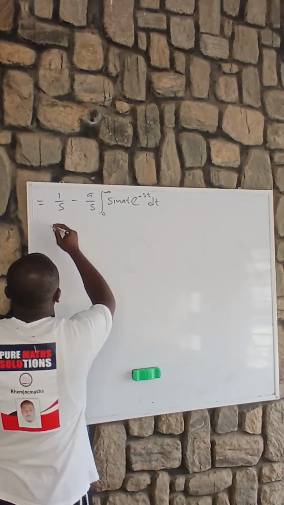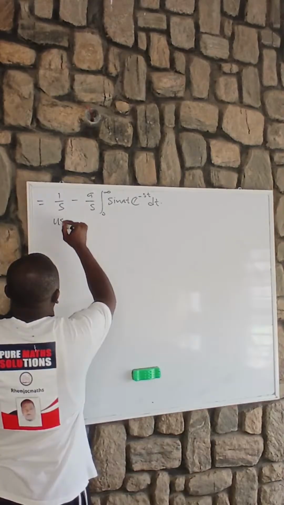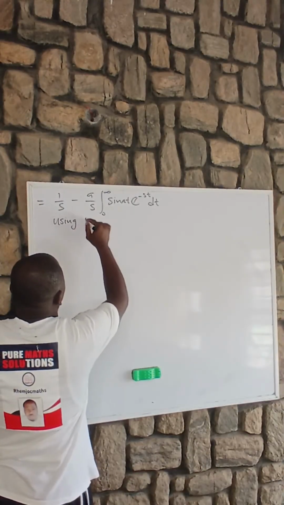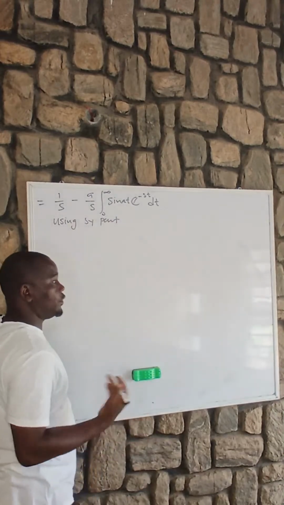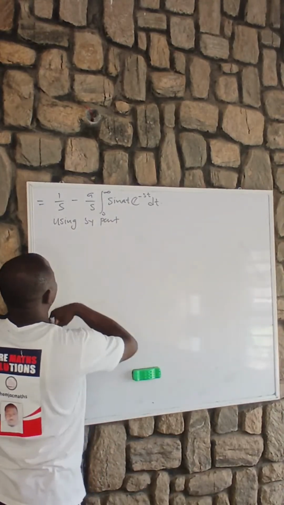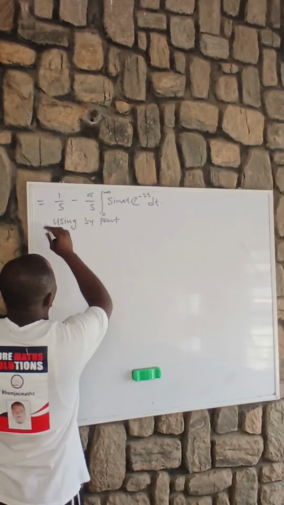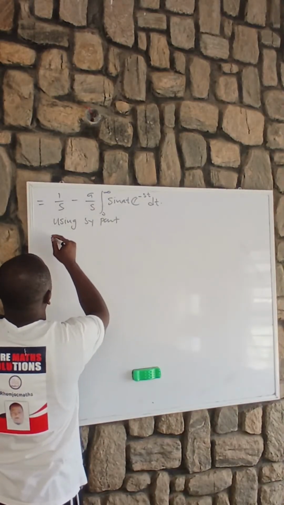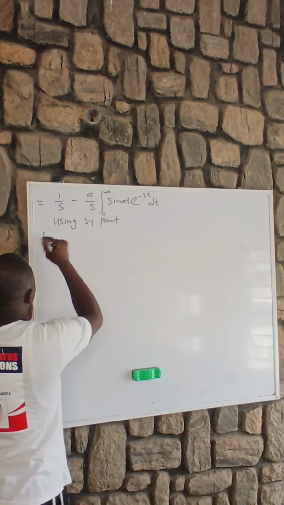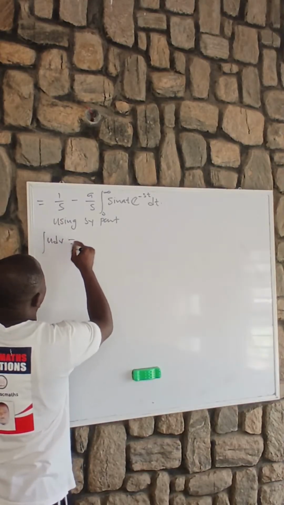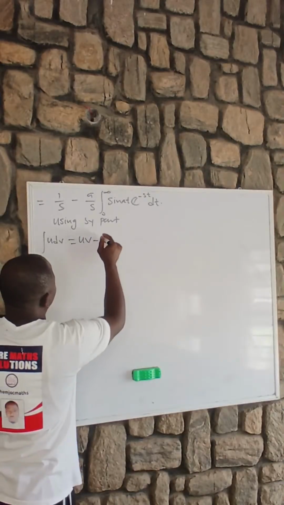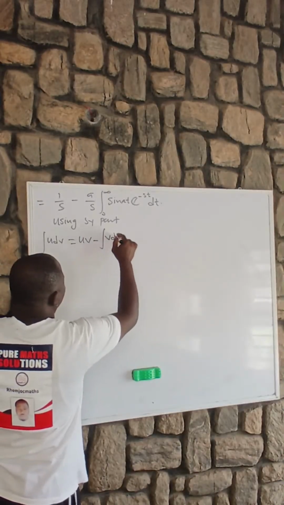The formula for integration by parts, if you check the first video, you will see where we stopped. By parts is: integral of u dv equals uv minus integral of v du.